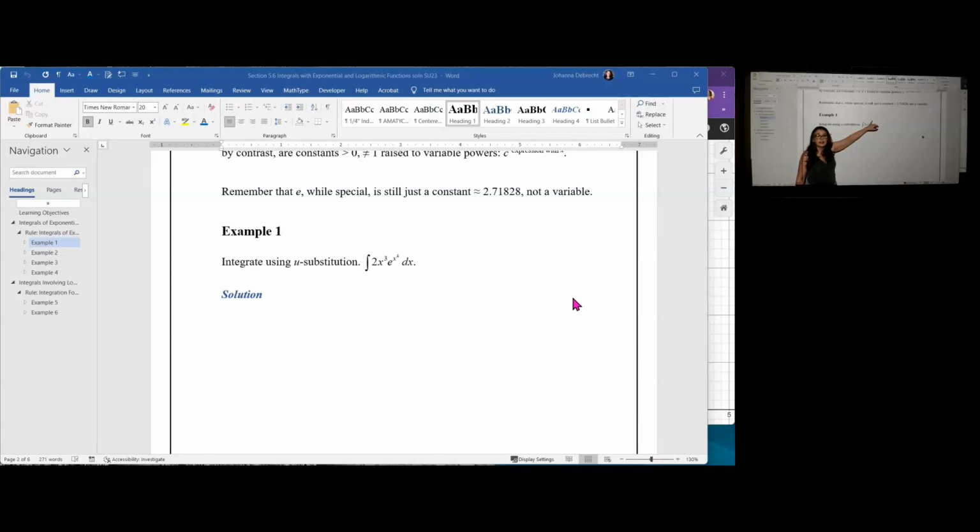I also know that when I take the derivative of x to the fourth, I'll have a multiple of x to the third. And I have a multiple of x to the third as a factor in the integrand. This gives me confidence that I'm choosing the correct u by choosing u to be x to the fourth. Let's go ahead and make that substitution.